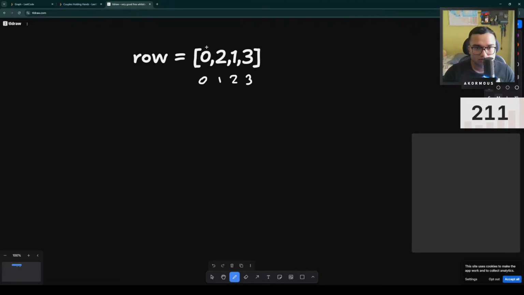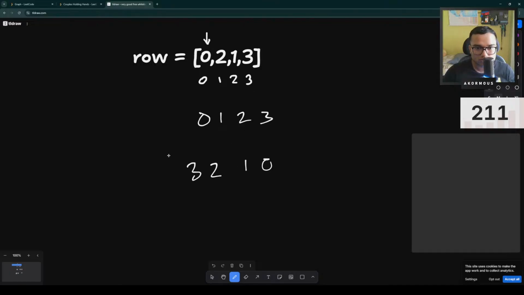Okay, so here I see that the partner of 0 is sitting here, right? So I can simply switch these guys. If I switch 1 and 2 it will be 0, 1, 2, 3, or if I switch 0 and 3 it will be 3, 2, 1, 0.